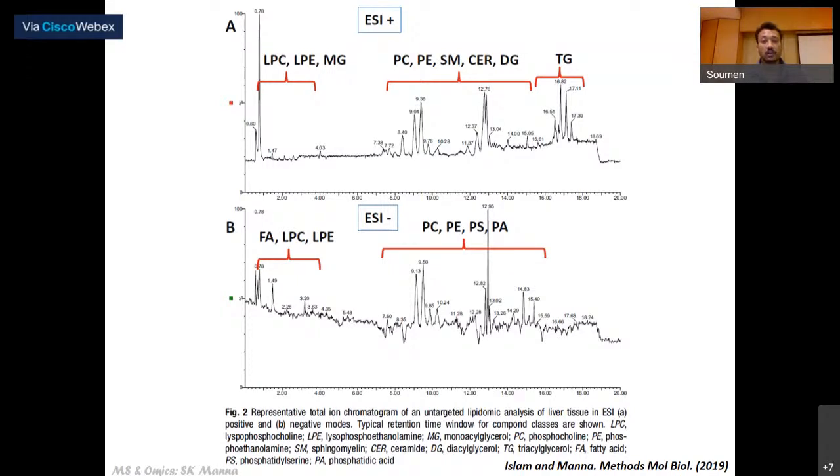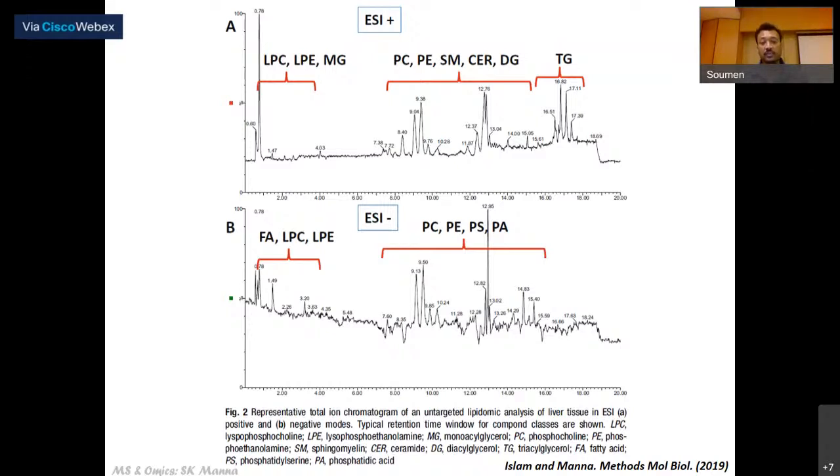Those molecules are smaller lipids, so they come first, and then you will have slightly bigger but polar lipids, and then at the end you will have triglycerides, which are the most non-polar and also non-charged. And you have to remember, just like in metabolomics, if you take ESI negative, you will first see fatty acids, LPC, LPE.